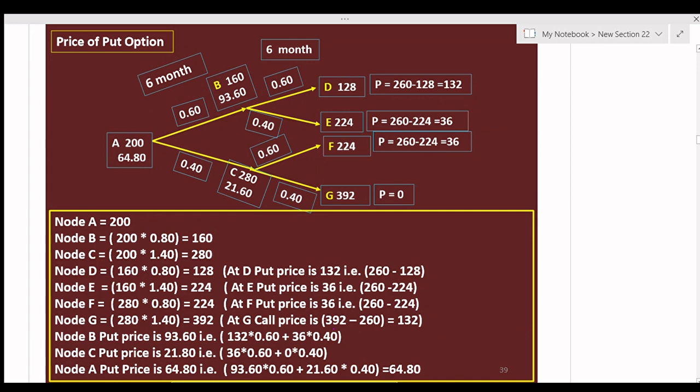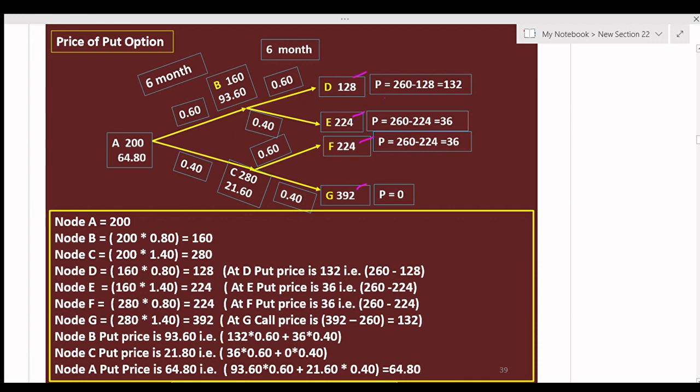Next comes the price of the put option. Now you already calculated T is equal to 128, E is equal to 224, F is equal to 224 and G is equal to 392.